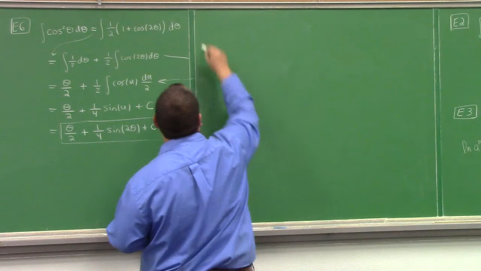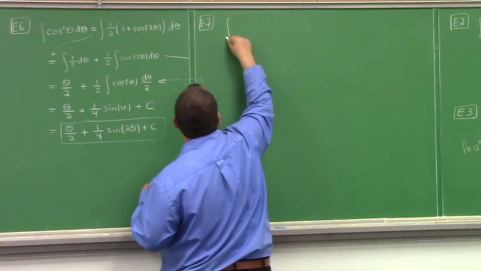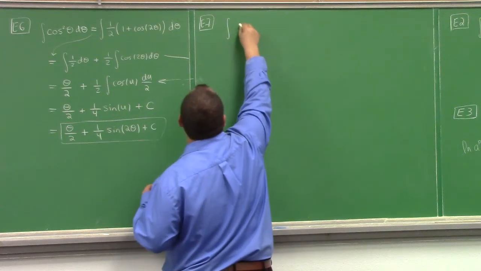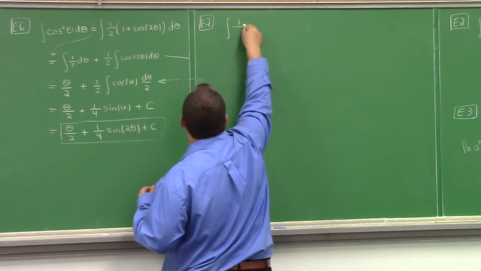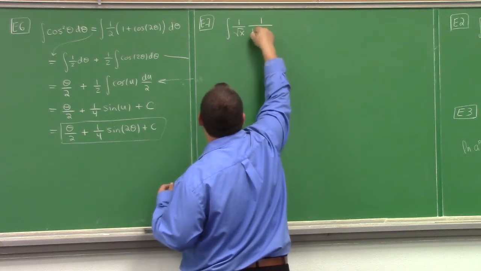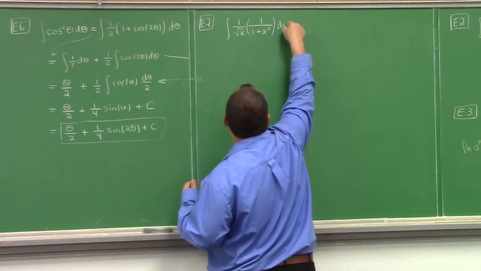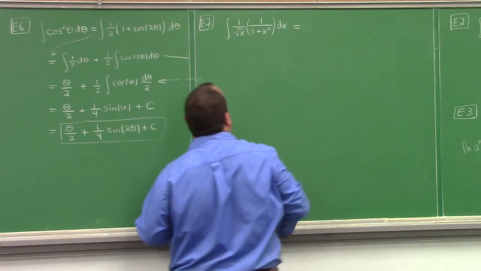Cool. Example 7. Suppose we're faced with the integral of 1 over the square root of x times 1 over 1 plus x dx. Ooh, not x squared.